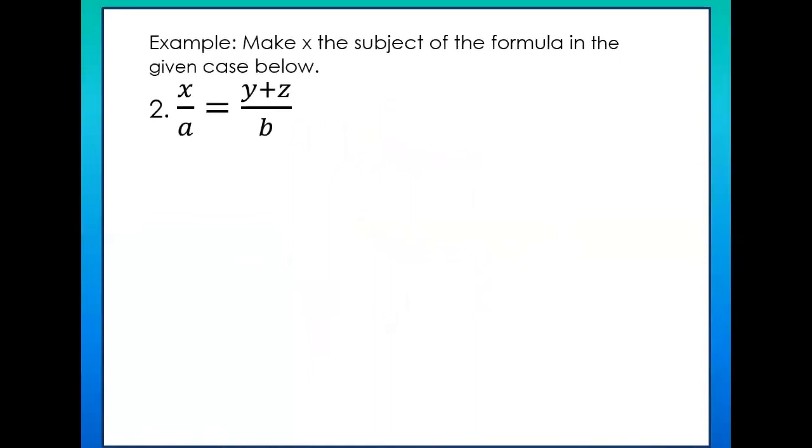In this case, we have x over a equals y plus z over b, and upon analyzing it, this is a fractional equation. There are no brackets found on this equation.